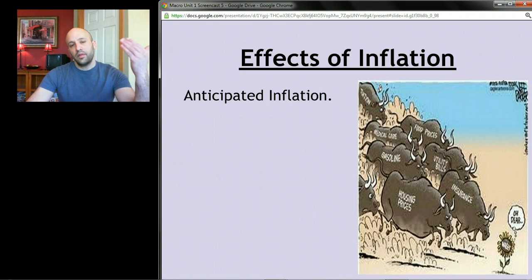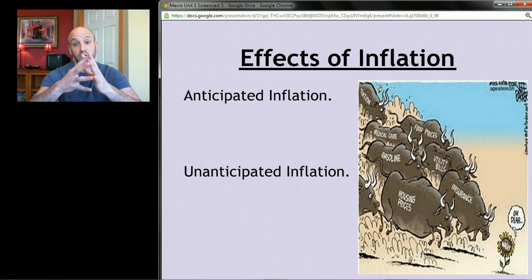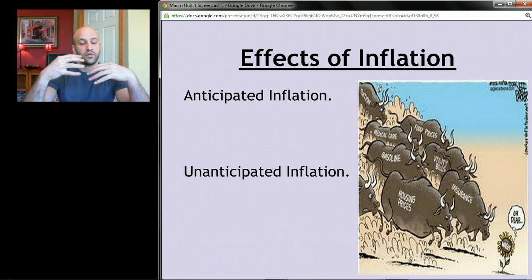Alright, so that's obviously a bad thing. And how bad it is kind of depends on whether people know inflation is coming or not. If people can predict that inflation is coming, we call that anticipated inflation. They see it coming. If they can't predict that it's coming, we call that unanticipated inflation, and that's worse. Because if you know that inflation is coming, you can make adjustments for that.